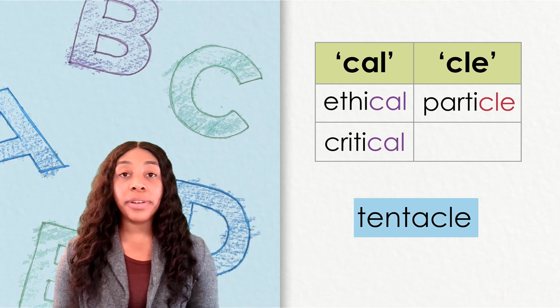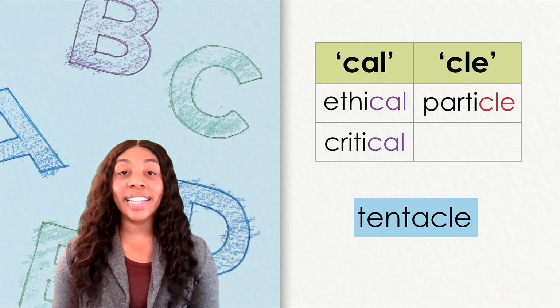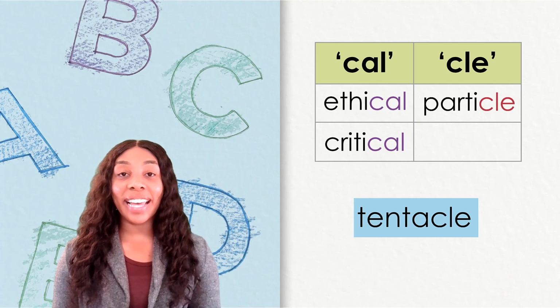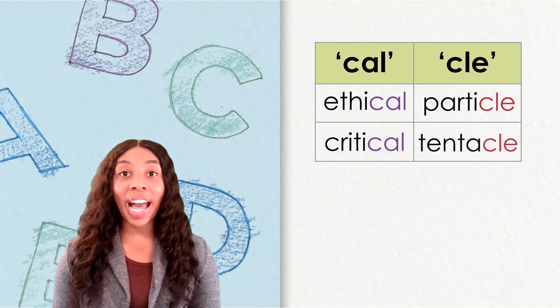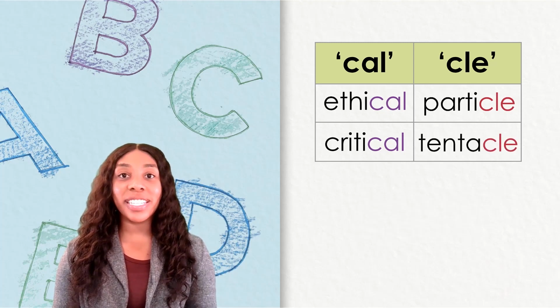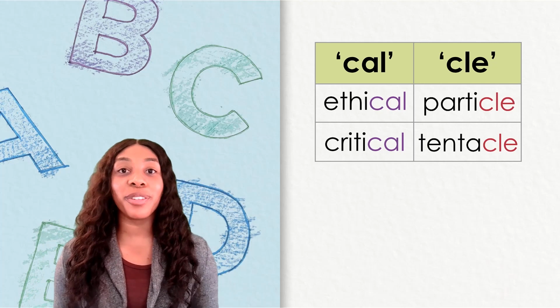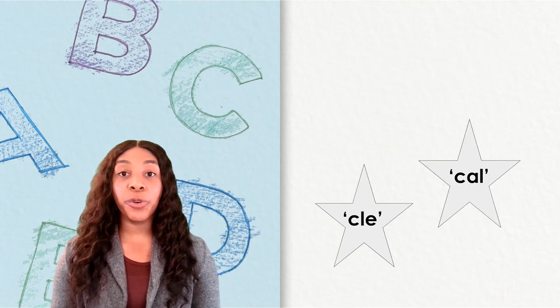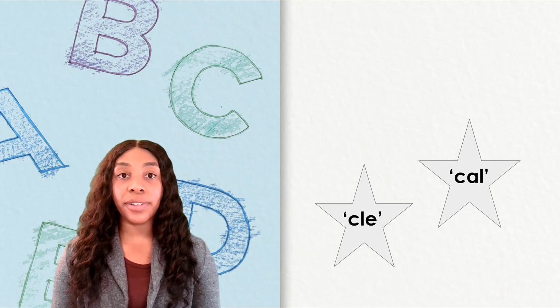Tentacle. How is the k sound spelled in tentacle? If you said C-L-E, you got it. Go ahead and give yourself a clap. Boom, you did that.